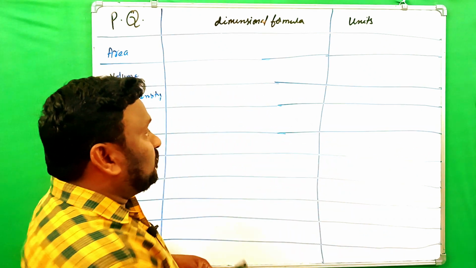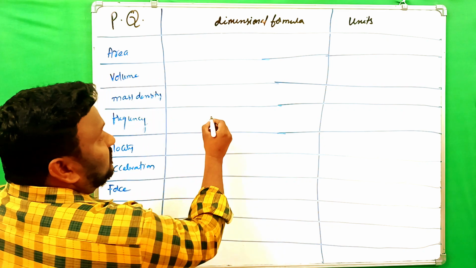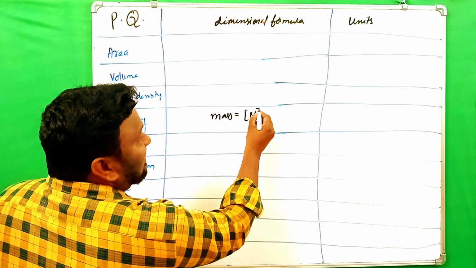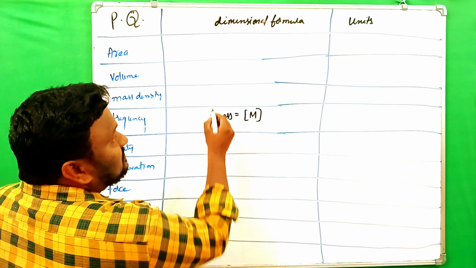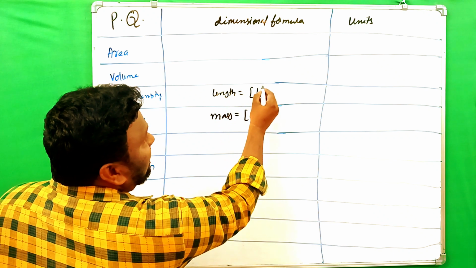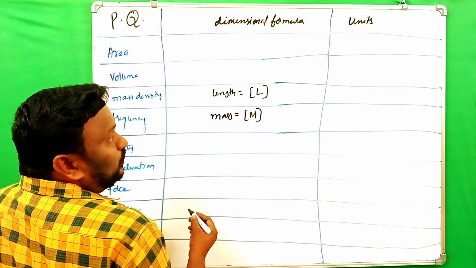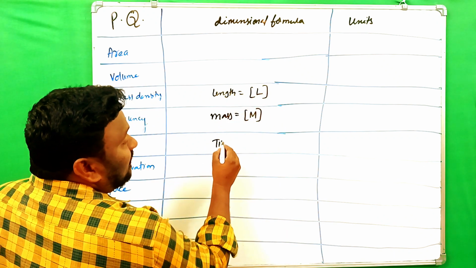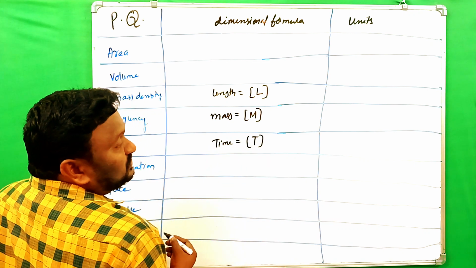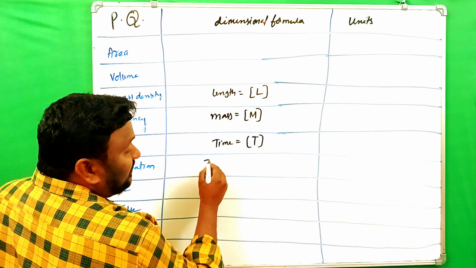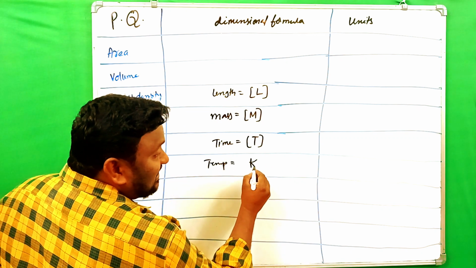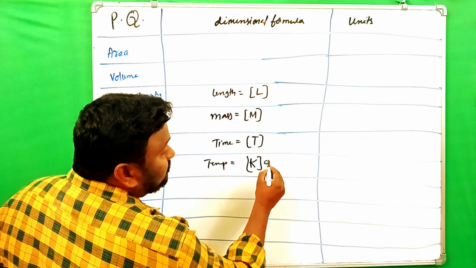So look here, for mass we can write like this. This is the dimension formula of mass. Similarly, the dimension formula of length is like this. Capital letters you have to use. Okay. And next, similarly time, capital T. And similarly here temperature, that should be given like this, K or theta.